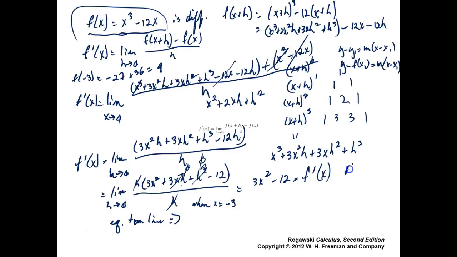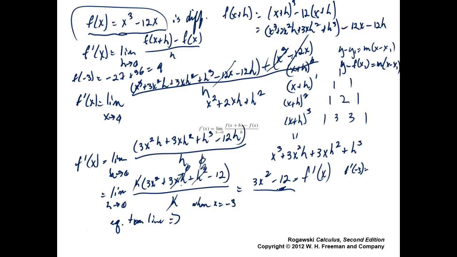I'll rearrange it. F prime of negative 3 is equal to, a little louder. 27 minus 12 is?